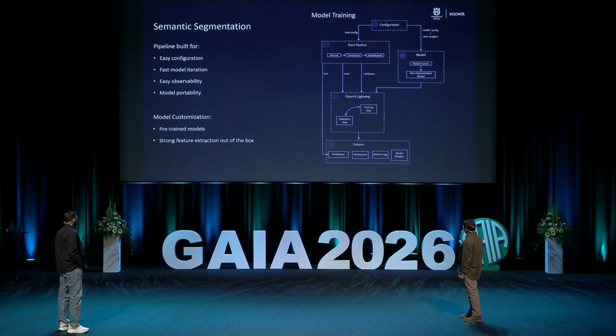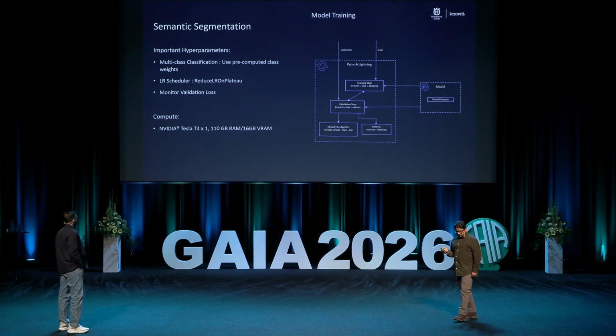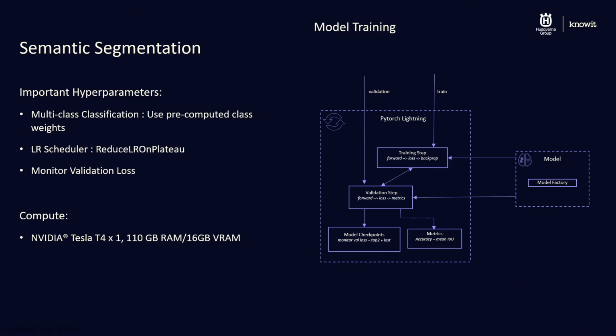So next, in particular, I want to highlight here the usefulness of the PyTorch Lightning framework if you're exploring deep learning training. In this pipeline, we utilize that framework, and that's because we wanted our code base to be very clean, readable.